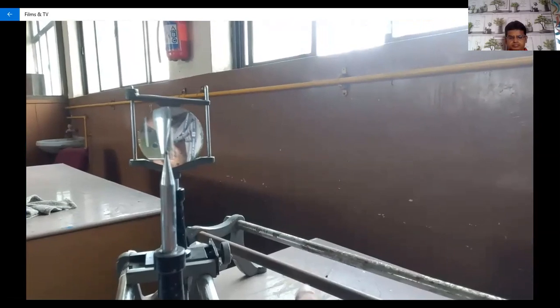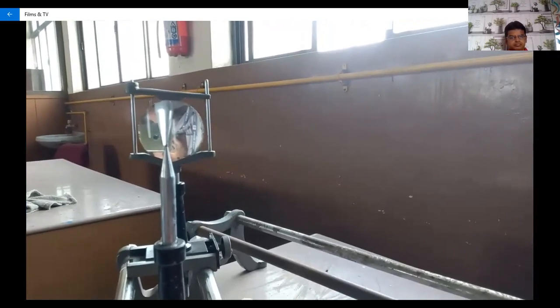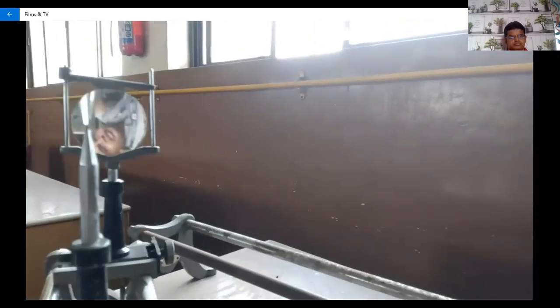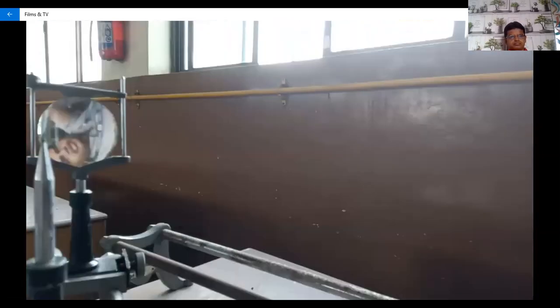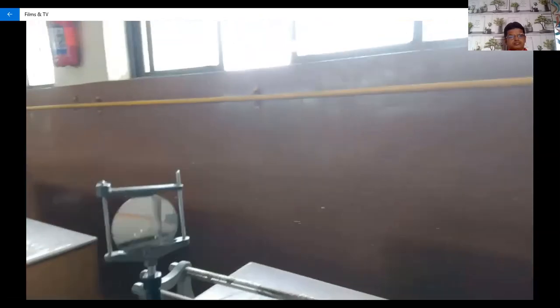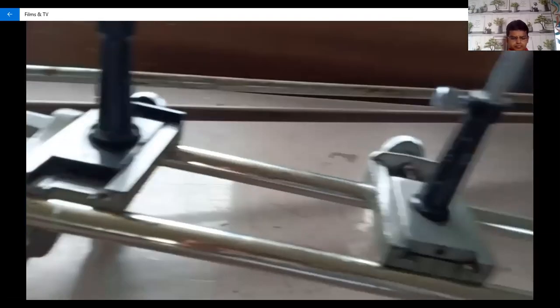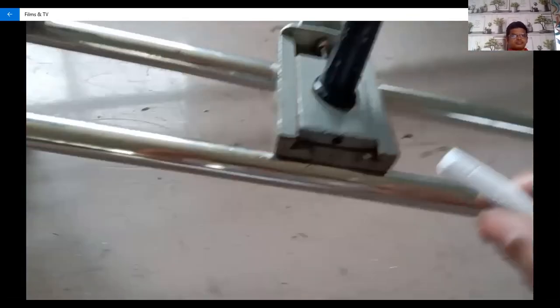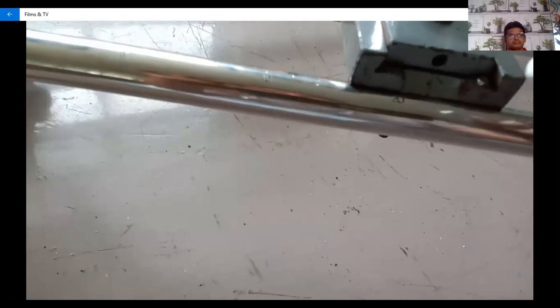Okay friends, so now we check. We move our face, and both pins go to the same side. So at that time we consider one scale. Now we want the distance between the pin and the concave mirror, so it is 0. Now we tick mark the value we found here.